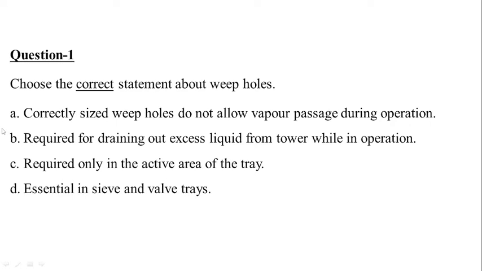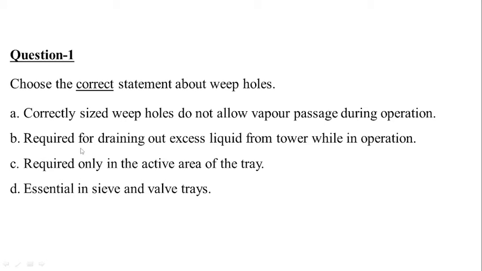A correctly sized weep hole should not allow vapor passage during the operation, and if liquid passage happens, it is called weeping. The weep holes are present in both the active area and the downcomer area, so option C is also wrong. Option D, weep holes are mainly present in sieve trays and not in valve trays. So option D is also wrong.